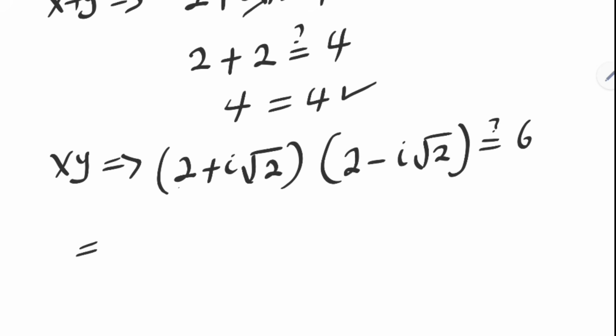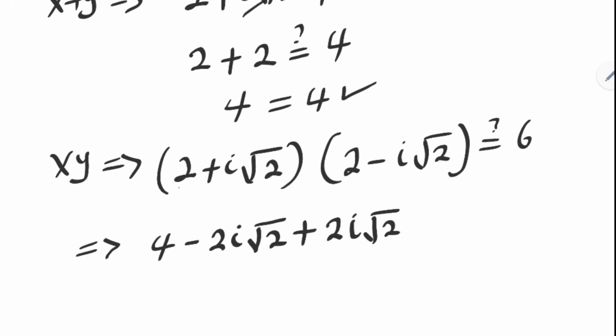Now here we have 2 multiplied by 2, that is 4, minus 2 multiplied by i root 2, this is 2i root 2, plus 2i root 2 multiplied by 2, this is 2i root 2. i root 2 multiplied by minus i root 2, this is minus i squared multiplied by root 2 squared, must be equal to 6.